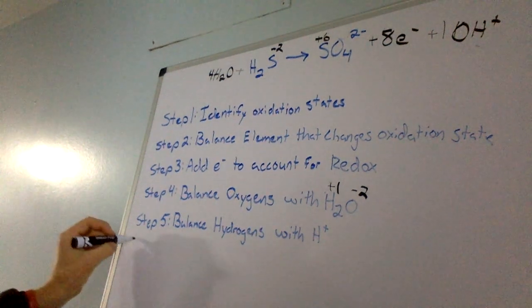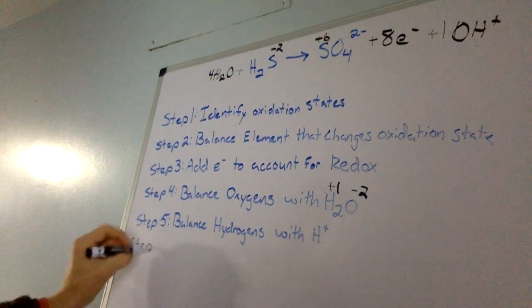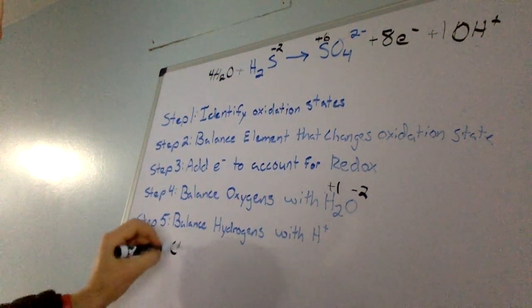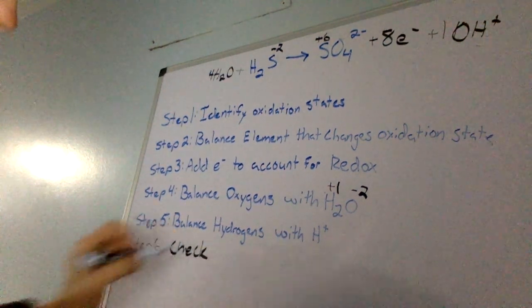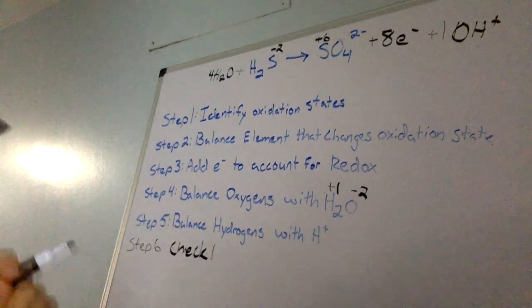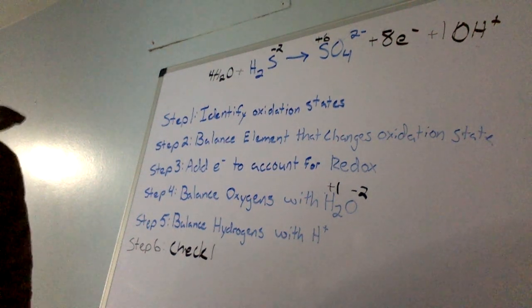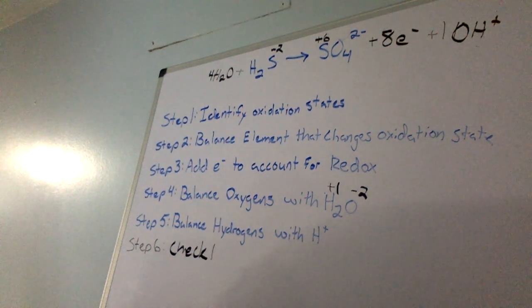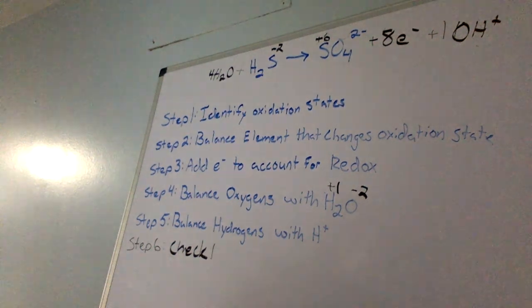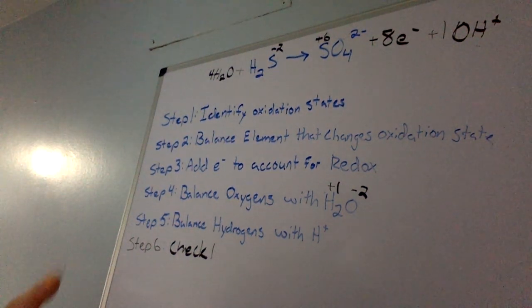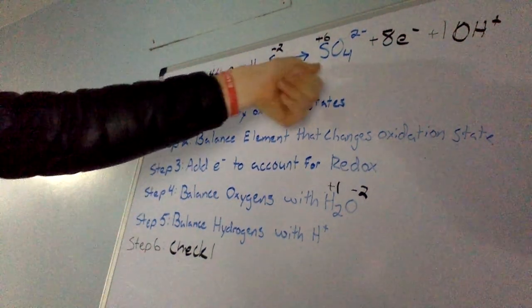Now the last step is really just to check ourselves. Just like when we were balancing our chemical reactions, we can always check ourselves at the end here. The way that we can check is we can make sure that everything is balanced. First off, my sulfurs are balanced.